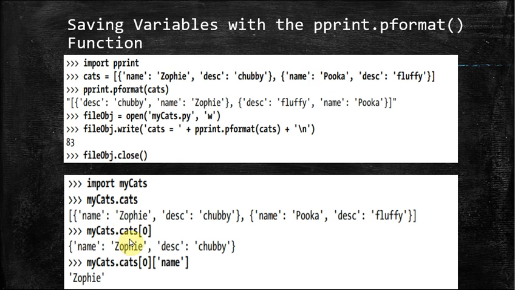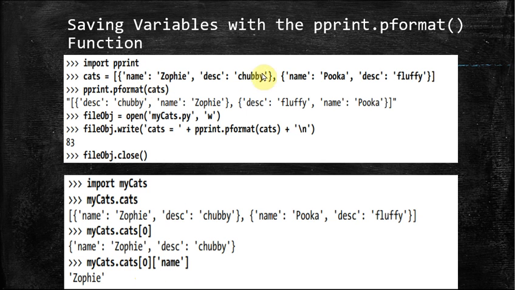So here what are we telling? We are telling mycats.cats[0]. So cats[0] means this entire thing, where in name you have Zoofy and description you have Chubby. So that will be displayed. Again, you can still further refine it.